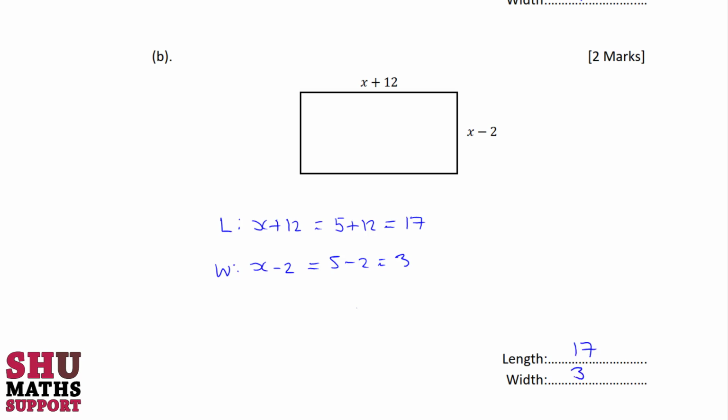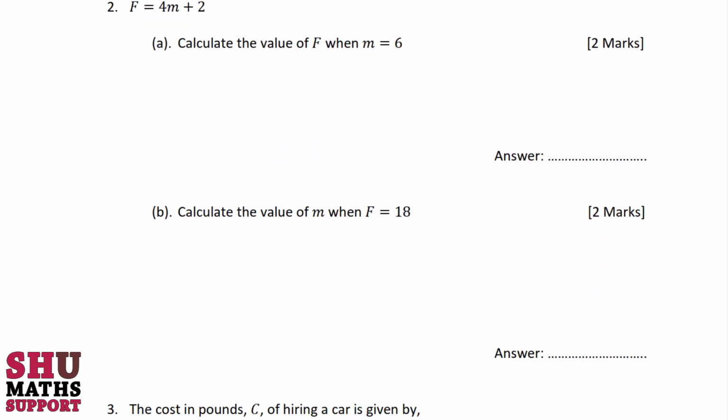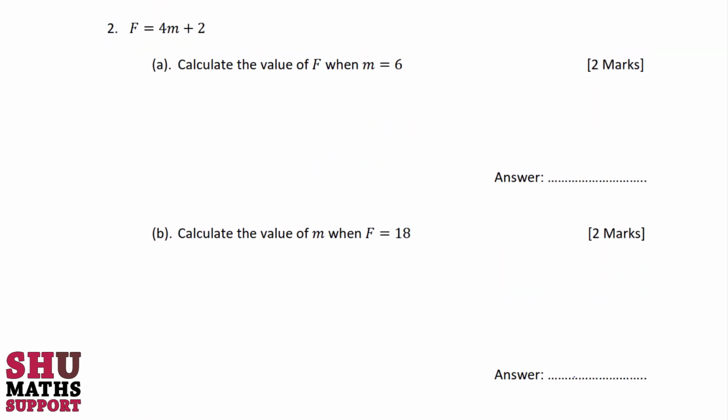Now the next question says that f is equal to 4m plus 2, and part A asks us to calculate the value of f when m is equal to 6. So we'll just rewrite the equation.